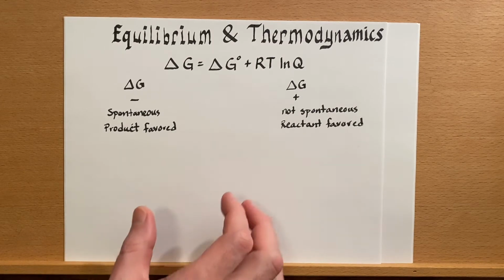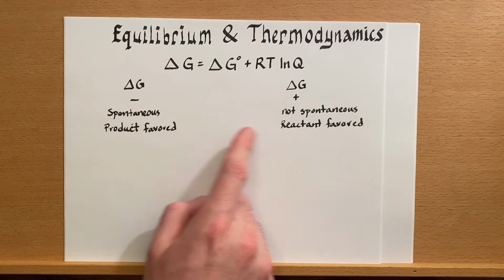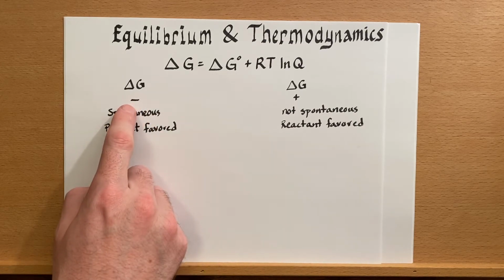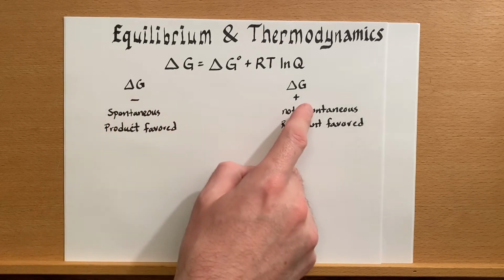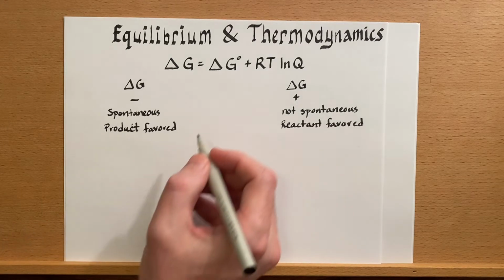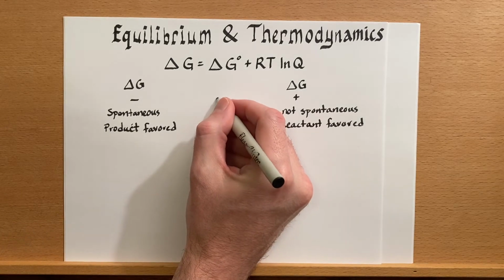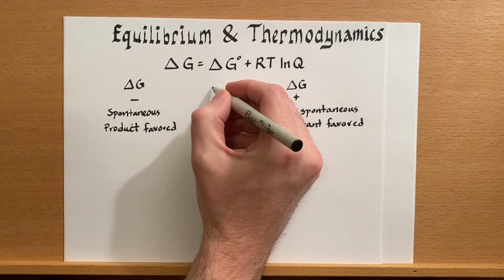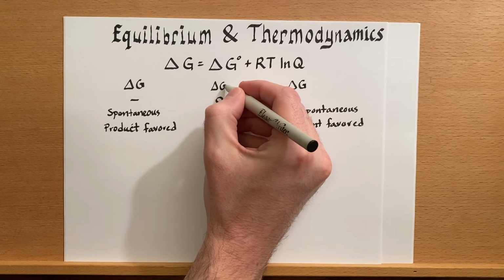Now, there's an interesting number in between these two, right? So we have negative numbers over here, we have positive numbers over there, and there is a number that exists in between negative numbers and positive numbers, and that's 0. What happens when delta G is 0?